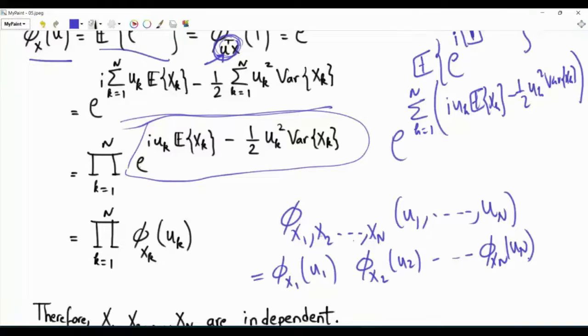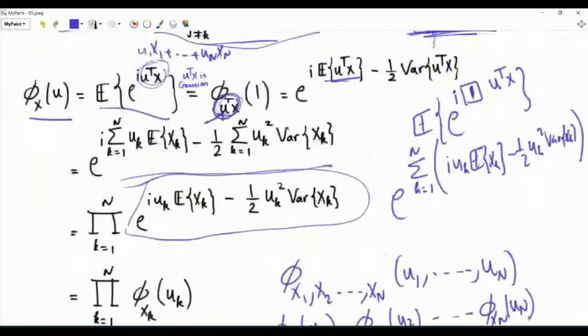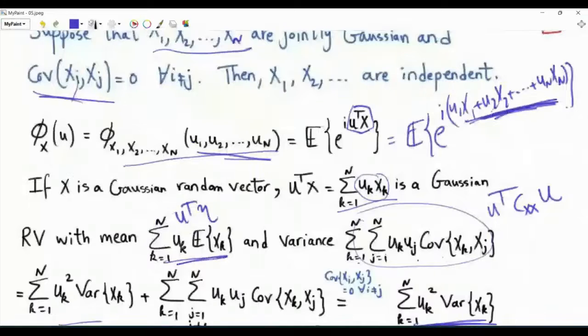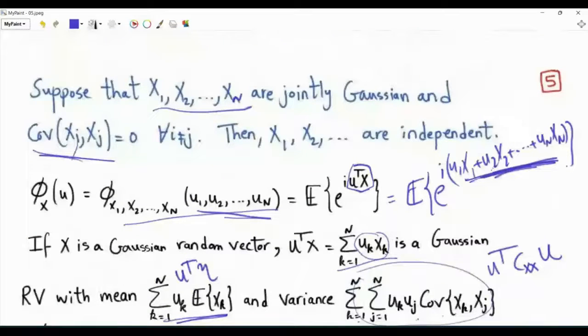If you can take the joint characteristic function and write it as a product of the characteristic function of each one of those guys, then that's independence. Okay, so this is very nice. Sometimes it is difficult to prove that two random variables are independent. But if we have two random variables and they are jointly Gaussian, then to prove independence, it is enough that we prove that they are uncorrelated.